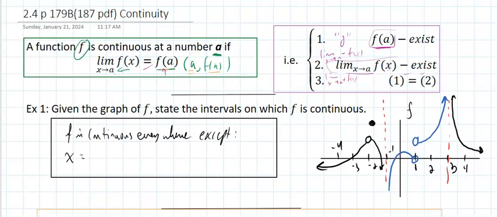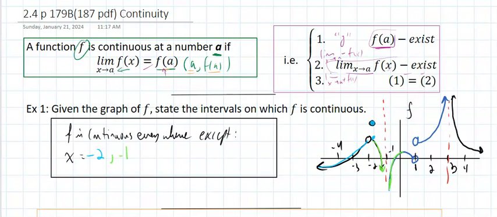If I start tracing this graph left to right, I notice when I get to -2, I have to go up there. I have to lift my marker off the paper and then come back. So automatically -2. I continue on, and when I get to this red asymptote, I have to lift my pencil off or my marker off and move to this side, and that means it's not continuous at -1.